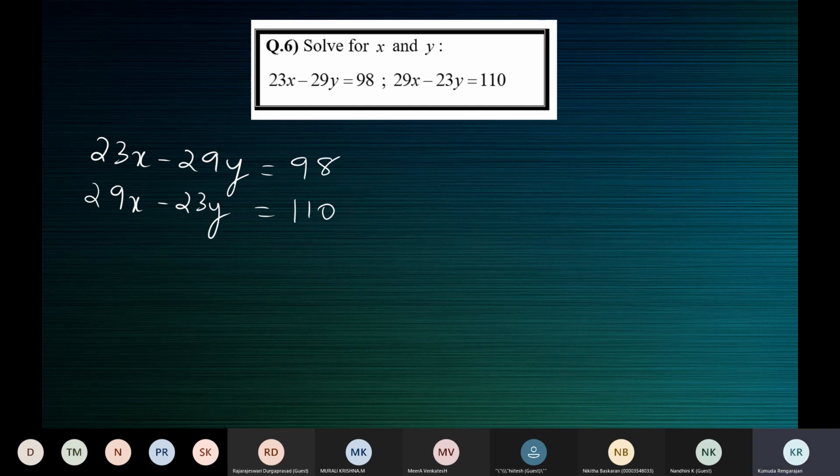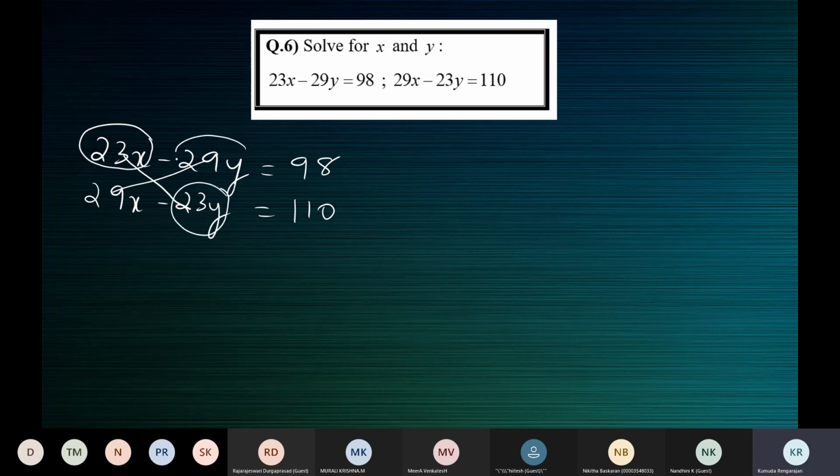Similarly, the coefficient of y in the first equation is minus 29. So the absolute value 29 is the coefficient of x in the second equation. So the coefficients are exchanged. The coefficient of x here is the coefficient of y here.